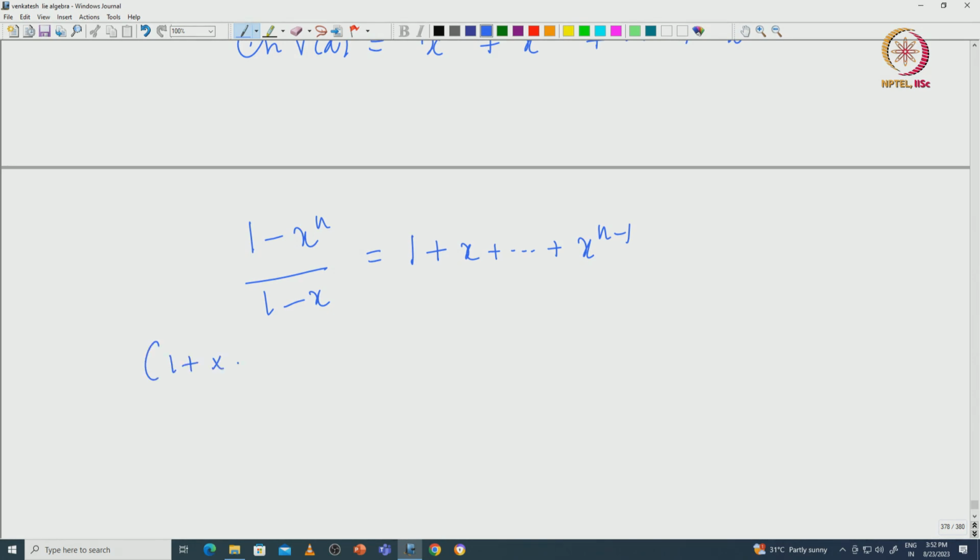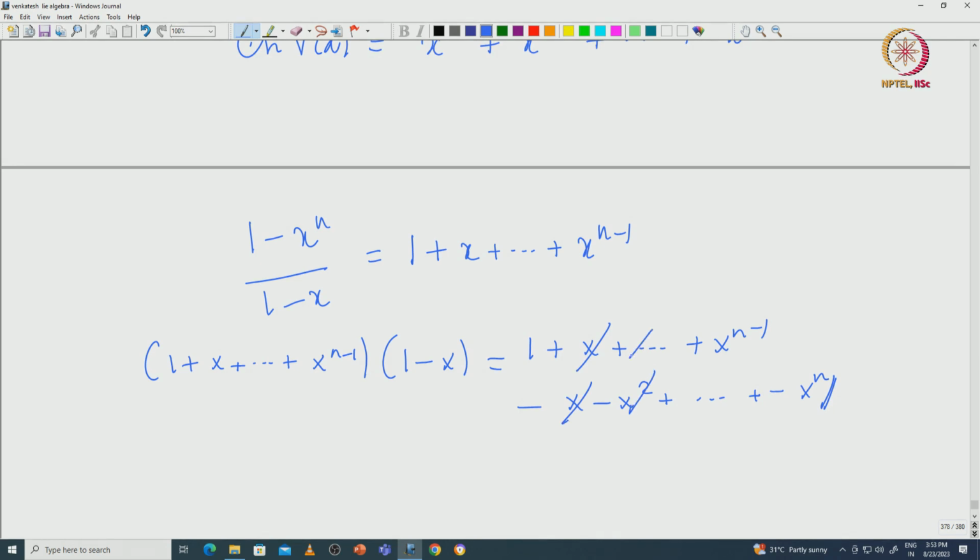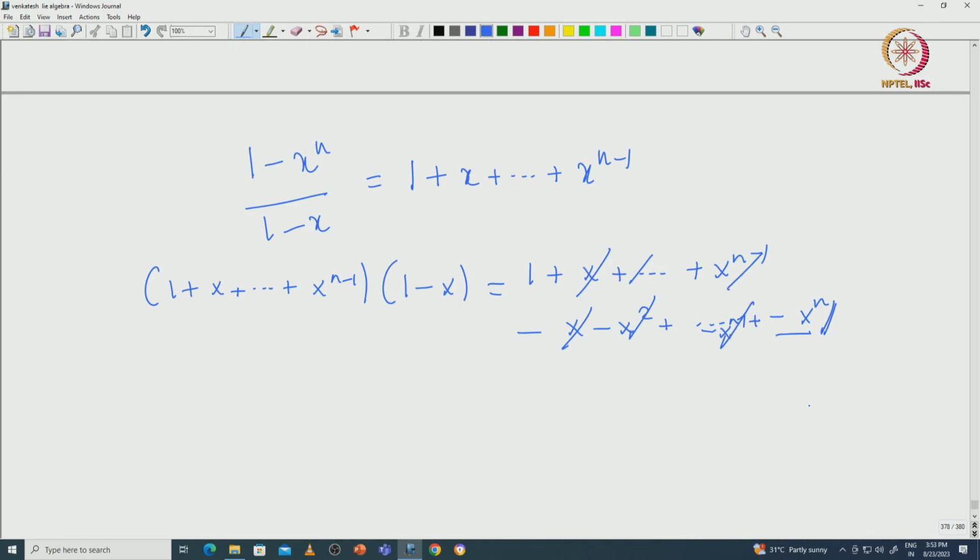If you take 1 plus x plus etc. plus x power n minus 1 and multiply with 1 minus x, you get 1 plus x plus etc. plus x power n minus 1, minus x minus x squared minus etc. minus x power n. Then you cancel all these terms, and you end up with only 1 minus x power n. So, that proves this identity.